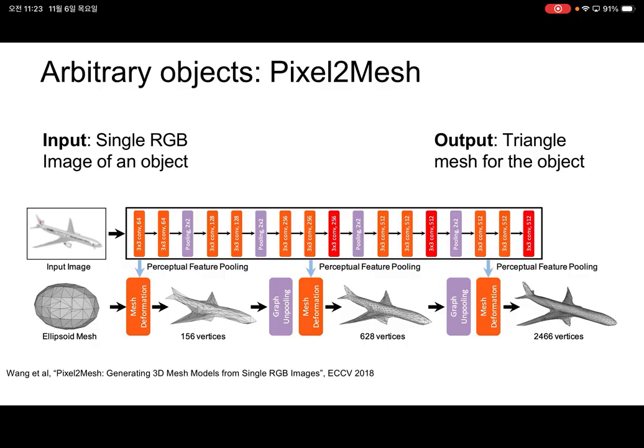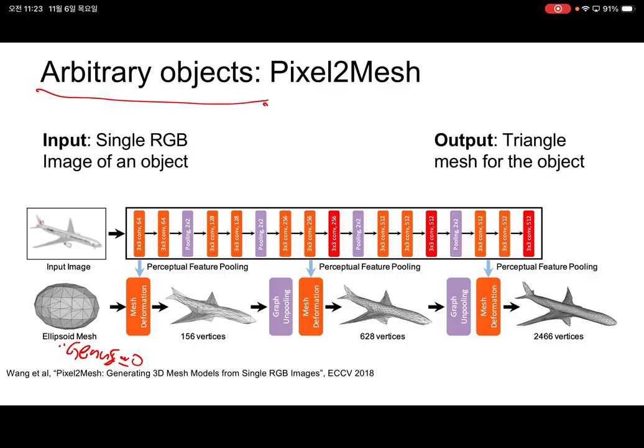If we're into arbitrary objects, then we assume this topology with genus equal to 0, right? We assume some topology of mesh, let's say an ellipsoid or sphere, and then we just deform the sphere by moving some vertices on the sphere. That is what is happening in arbitrary object image to 3D mesh reconstruction.